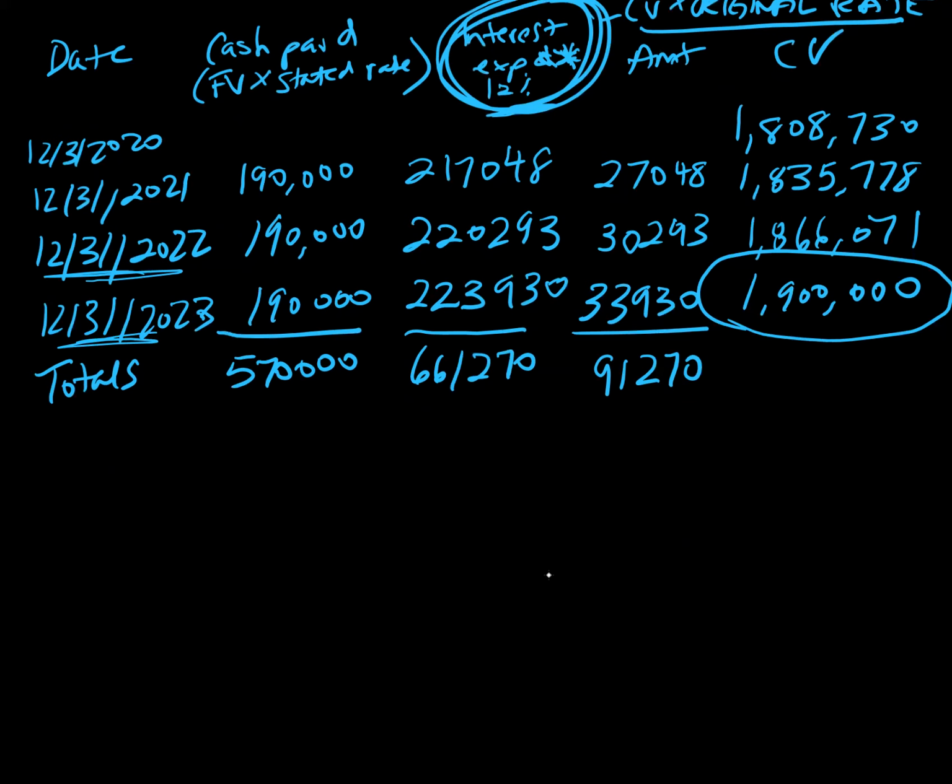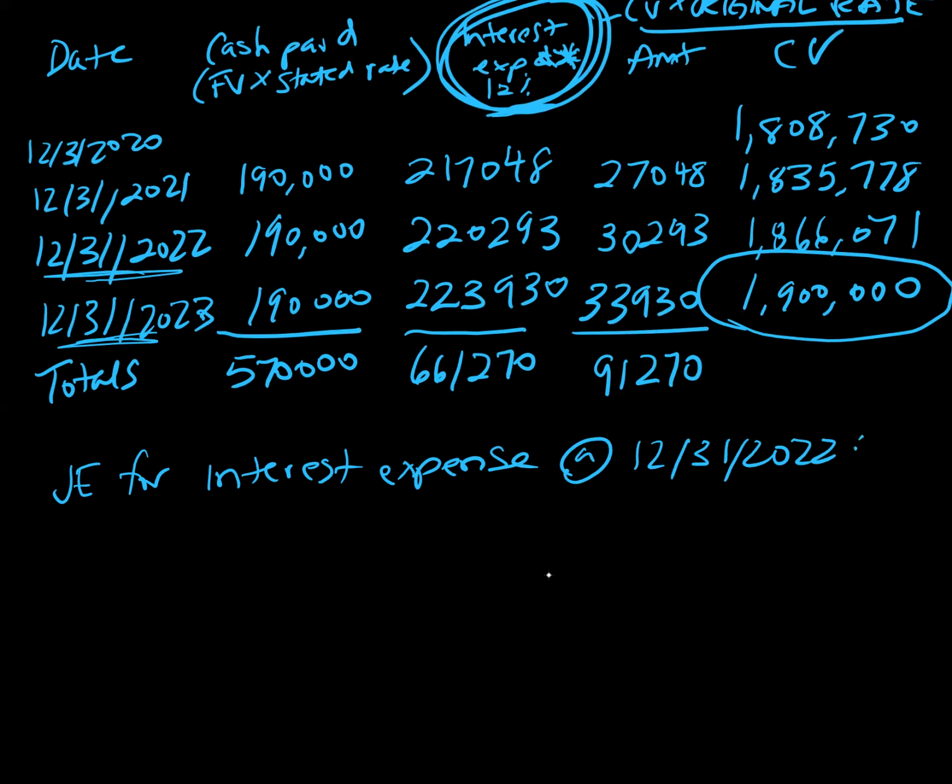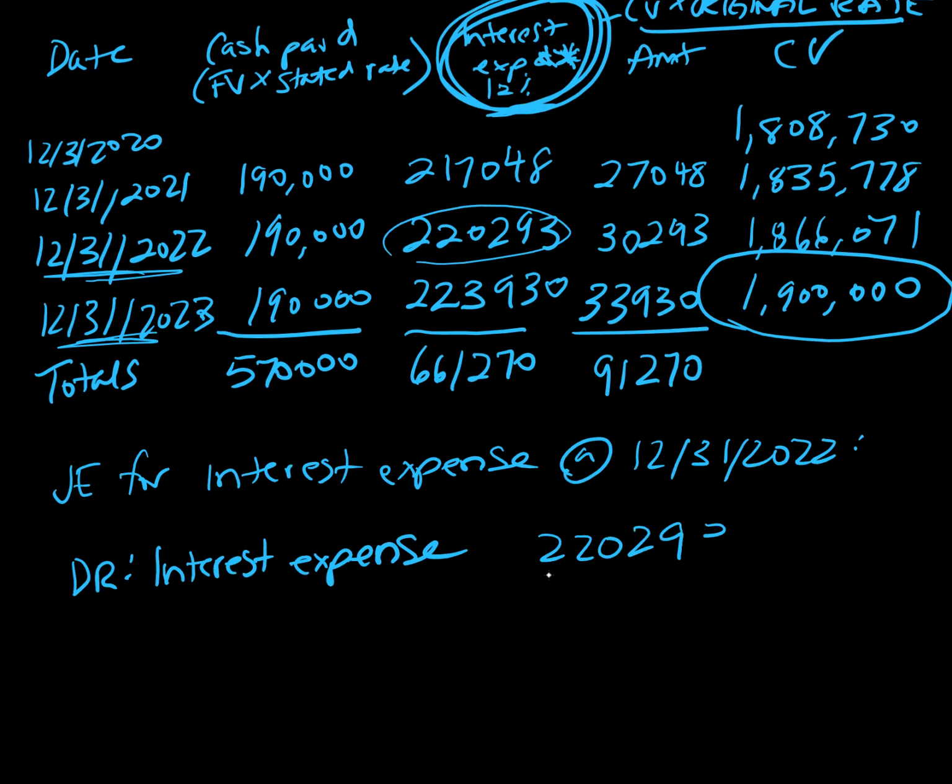So we're going to have our interest expense journal entry at 12/31/2022. So we're going to have debit interest expense. Interest expense is going to go through the income statement of Troubled Inc. And of course, this is going to be this number, 220,293. And is it 2022?